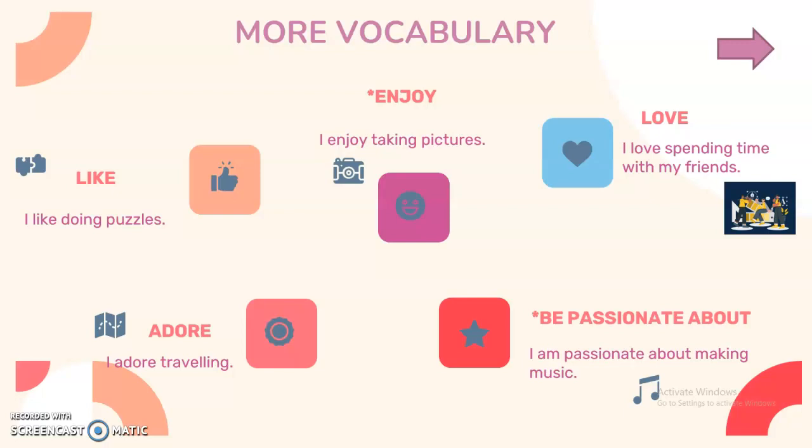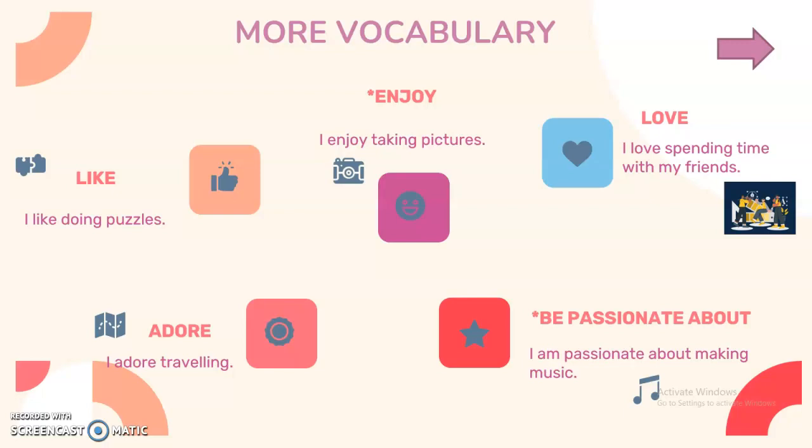For example, enjoy, love, adore, be passionate about. Por ejemplo, disfrutar. El verbo love en este caso no significaría amar, sino sería más como encantar, adorar y estar apasionado por algo.